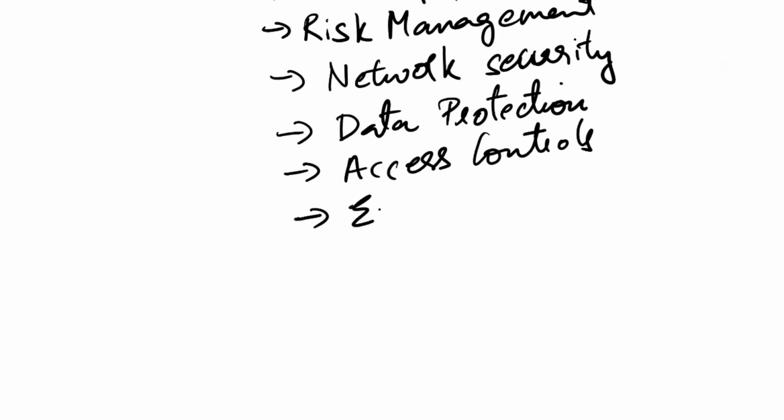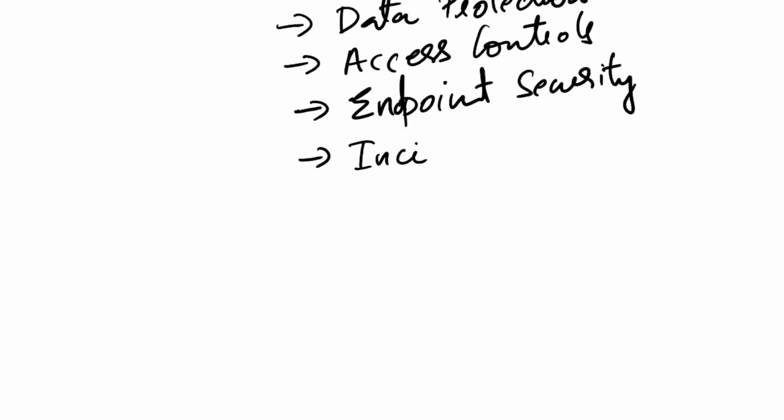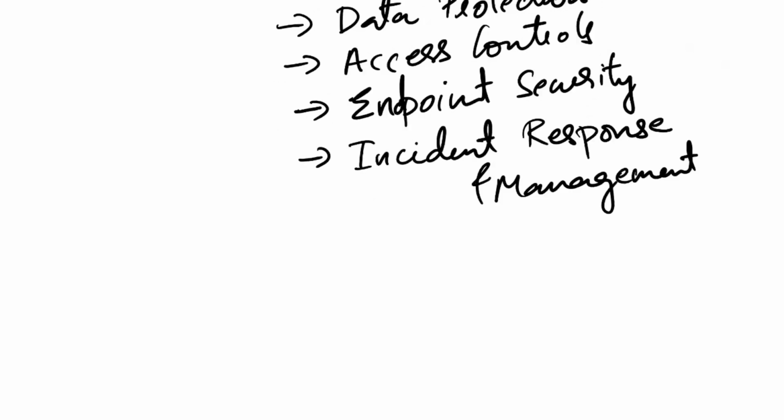Next, endpoint security. Assess the security measures in place for end user devices, including antivirus software, endpoint detection and response solutions, and the organization's ability to respond to endpoint security incidents. Next, incident response and management. Review the organization's incident response plan, capabilities, and processes for detecting and responding to security incidents.